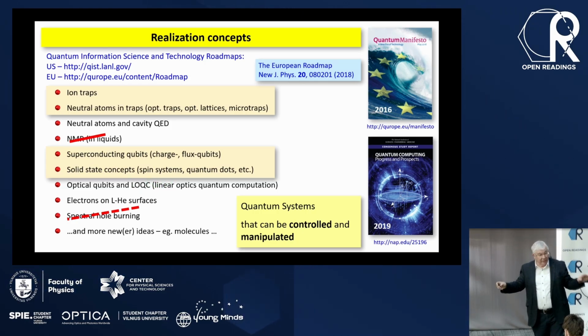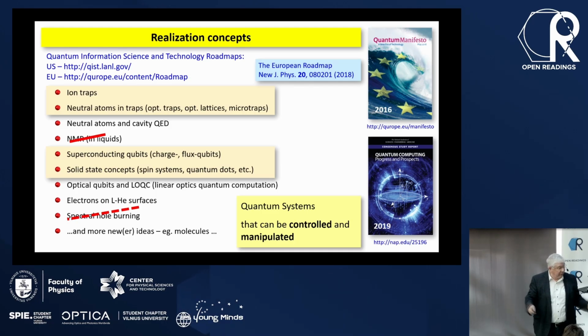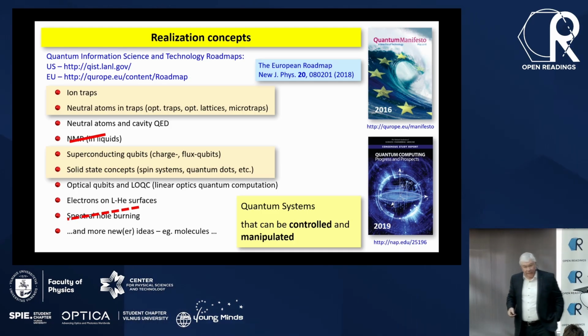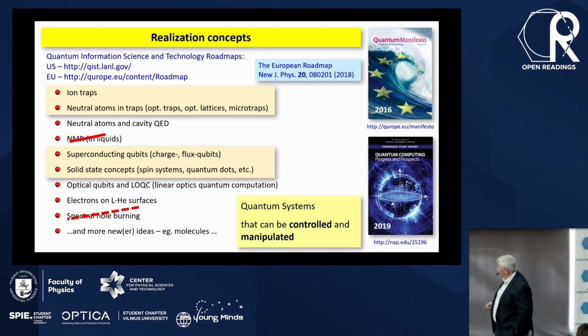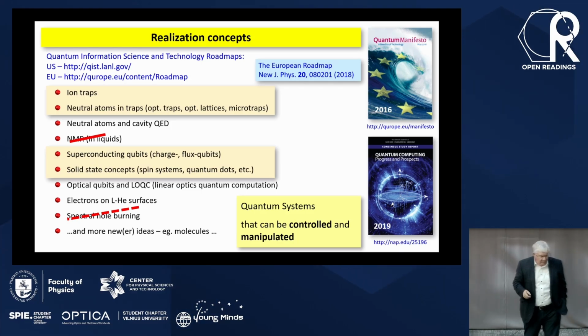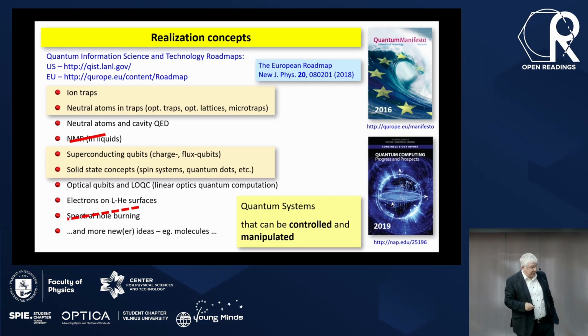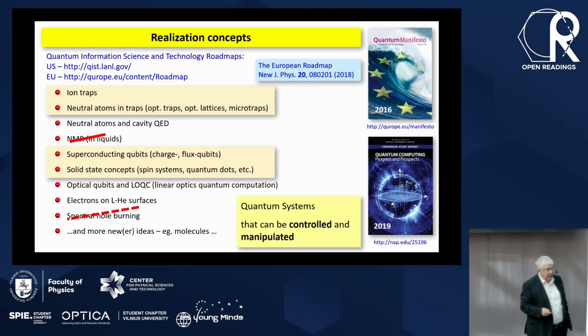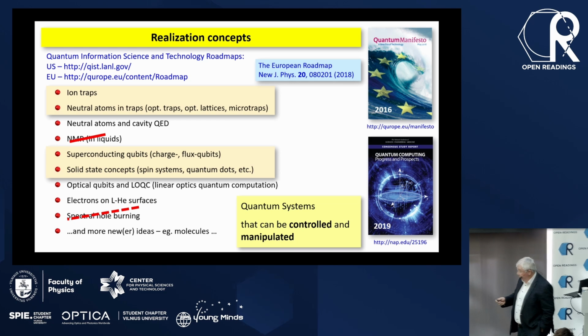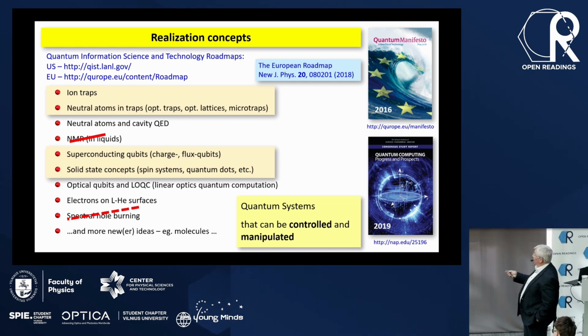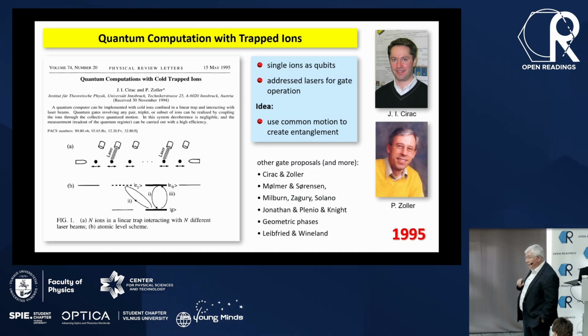There is a company that actually tries to do that. But so these are currently the 5, say, platforms which are currently pursued. All others are still of some exotic or, say, more academic interest, are not currently, at least as far as I know, pursued at large for commercial access. Not yet, at least.